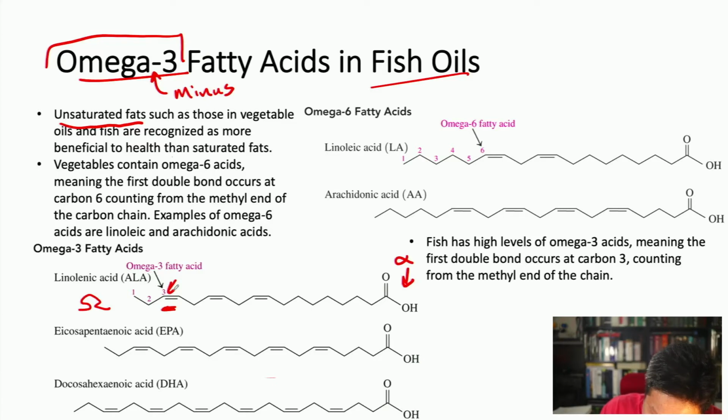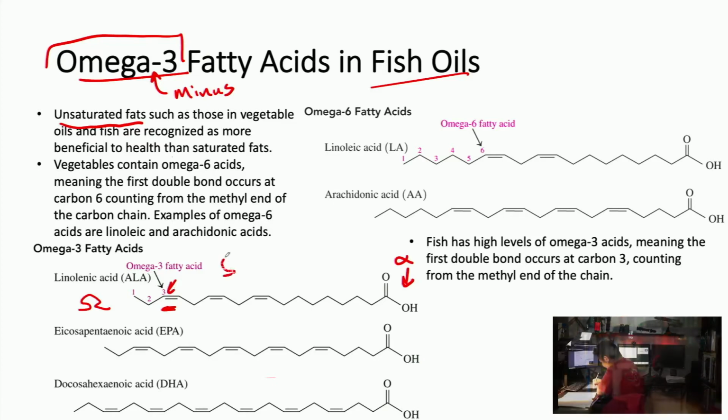Let me try to draw this omega again, and maybe I won't be embarrassed. Does that look like it? That doesn't even look like omega. Anyway, omega, minus 1 carbon, 2 carbons, 3 carbons, right? And that's why it's called omega minus 3 fatty acids.